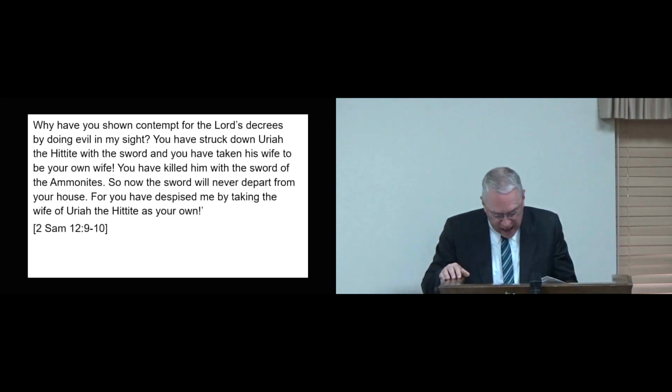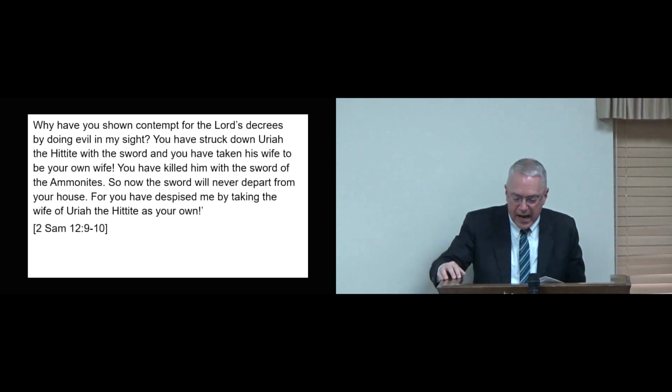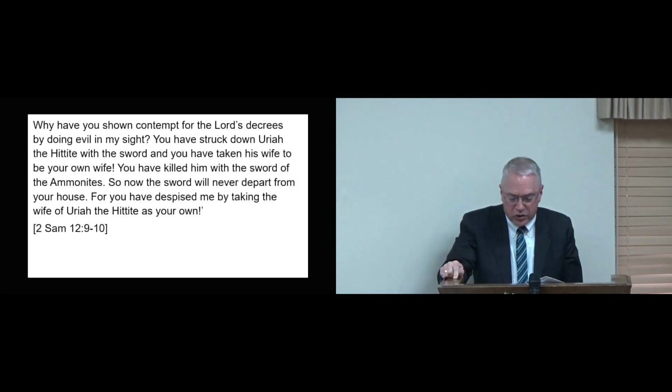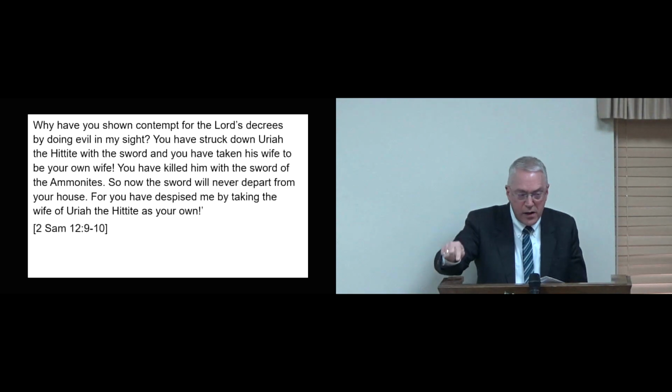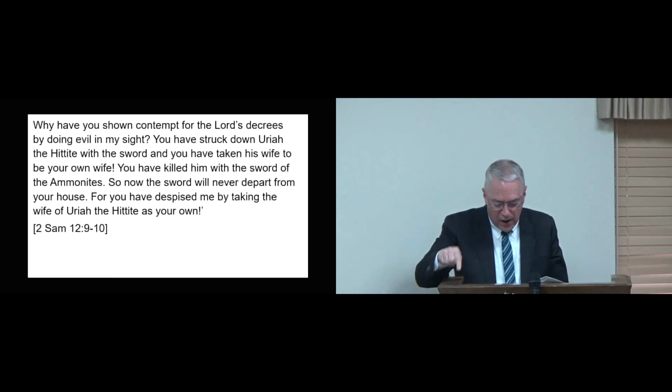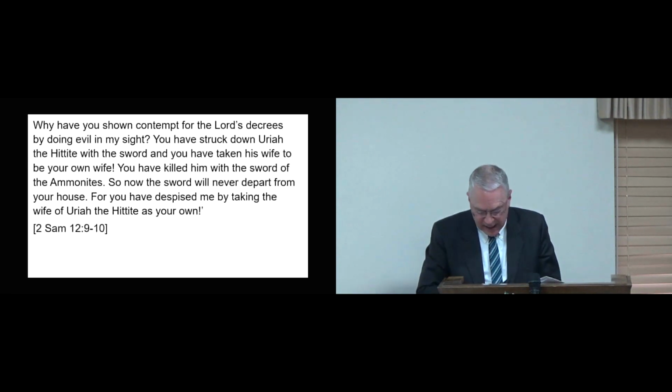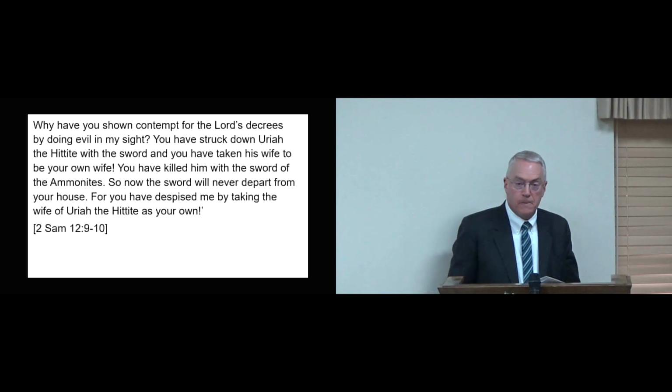You have struck down Uriah the Hittite with the sword, and you have taken his wife to be your own wife. You have killed him with the sword of the Ammonites, so now the sword will never depart from your house, for you have despised me by taking the wife of Uriah the Hittite as your own.